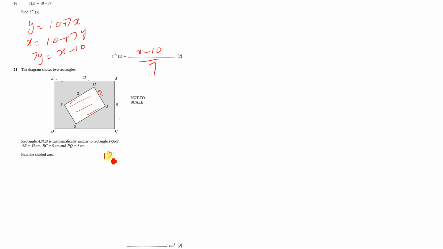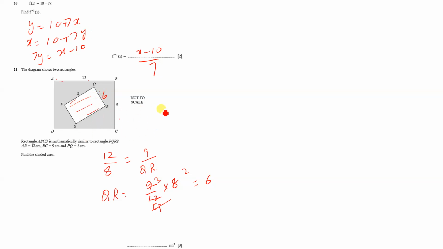So we have 12 over 8 is equal to 9 over QR, and this gives us QR is equal to 9 over 12 times 8. Three 4s are 12, three 3s are 9, so the answer is 6. It means QR is 6.